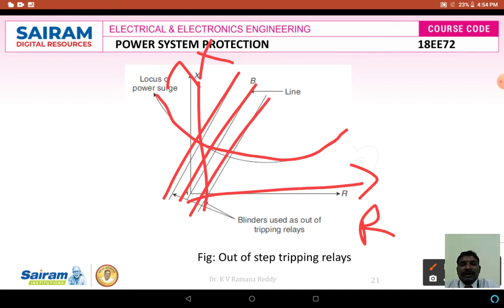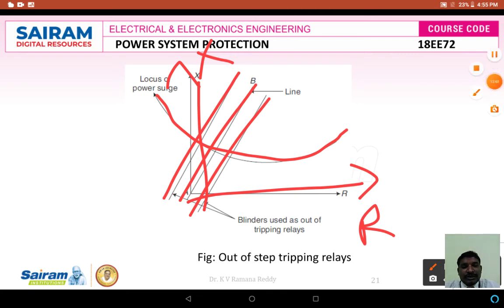These are called the operating characteristics of the impedance relay. If it is less than that of the circle, then it shows that the relay has been functioning. If the operating characteristics lie above, the amount of the impedance shown above the operating characteristics of the impedance relay, then the relay can act as an overreach relay.